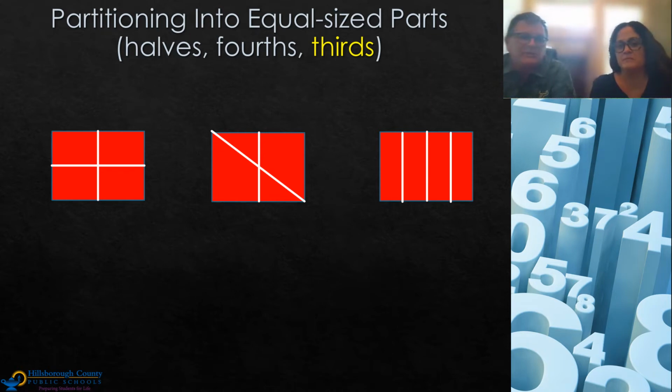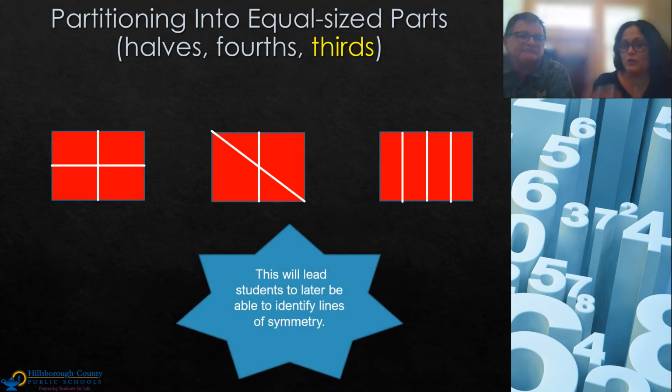So I would disagree and say that that is not fourths. That's really the language I would want a second grader to use to justify why it's not fourths. The conversation we just had is a great lead-in to what students will later be exposed to within the geometry unit, focused on lines of symmetry. We talked about those mirror images, same size, same shape, but we noticed with the middle rectangle that the parts are not equal or congruent.